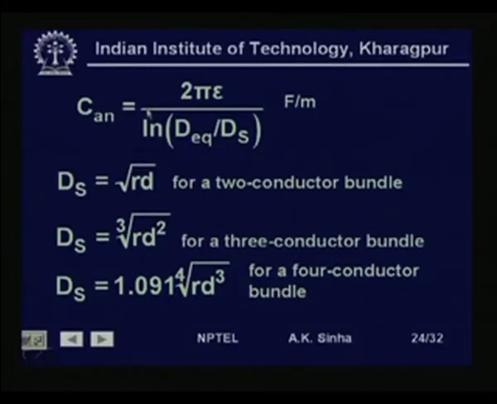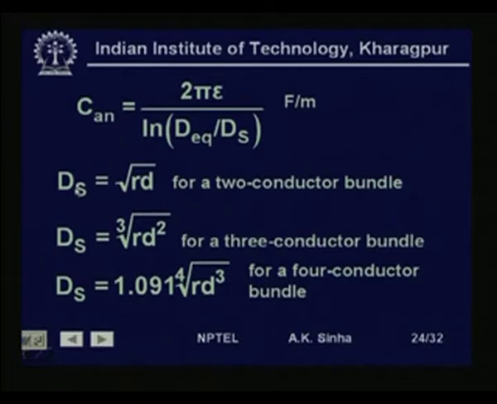Therefore, capacitance to neutral is given by the same relationship, except that we have now replaced R by ds, where ds is the effective radius of the bundle conductor and dEq is the equivalent equilateral spacing for the conductor.